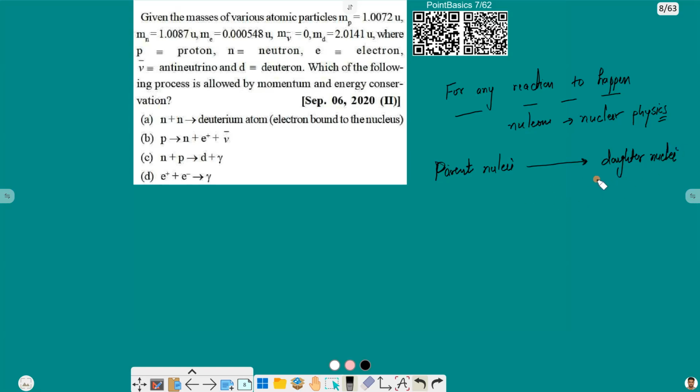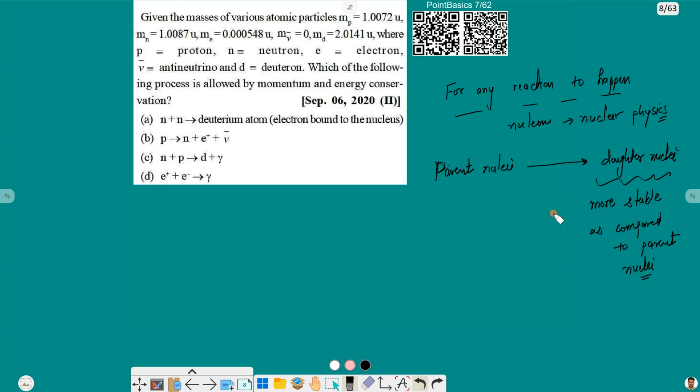So we assume that these daughter nuclei are more stable as compared to the parent nuclei.